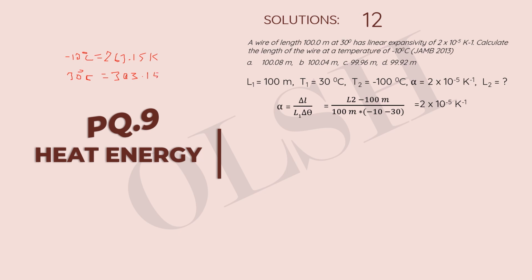So if we subtract 303.15 from 263.15, because that's what we did here, you will see that we get our answer as -40, which is what we have here for the Celsius scale. So the point is, once it's a difference, no matter the scale you're using, the difference is going to give you the same answer. Okay, so moving on, we make L2 the subject of the formula, and then we have our answer to be 99.92 meters.